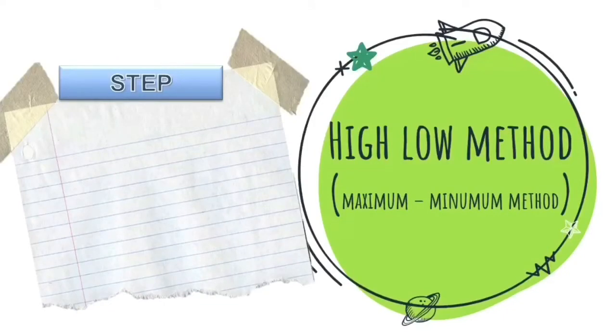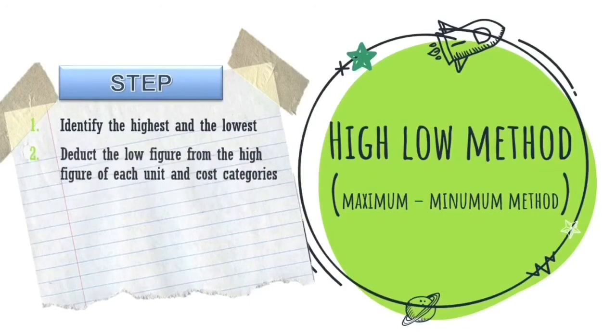Here, I'm going to list down the steps first. Later, I will show you some examples of how an industry applies the high-low method using actual data to determine an operation's variable cost and fixed cost. These are the steps that you need to follow.